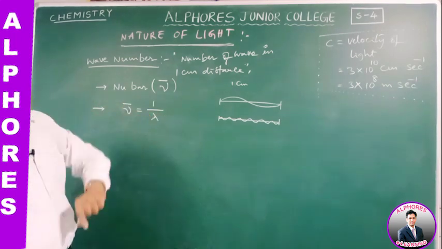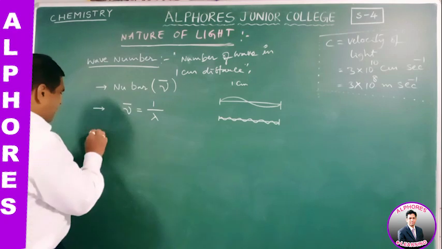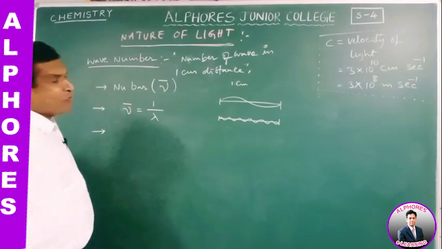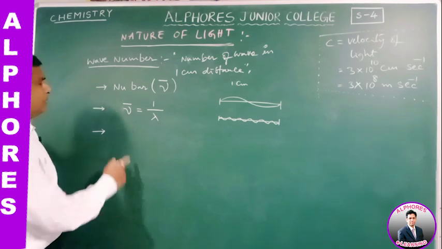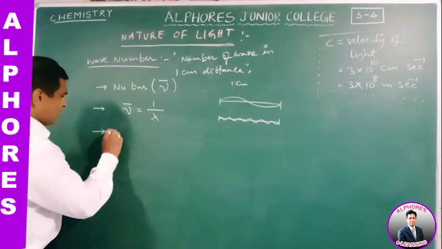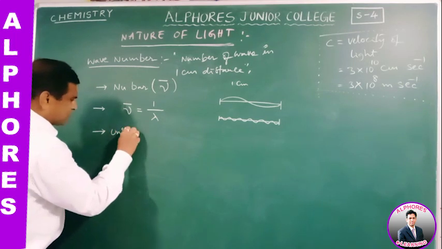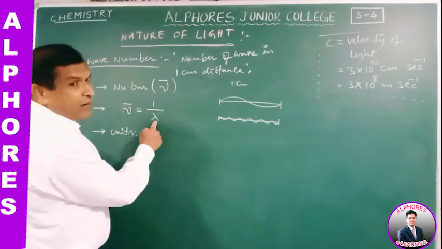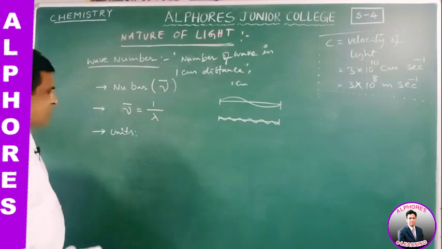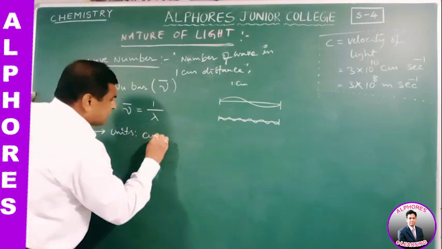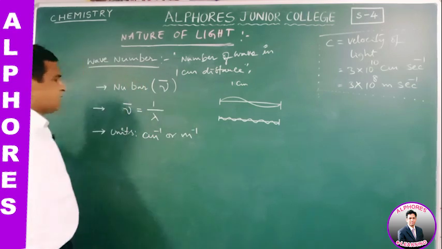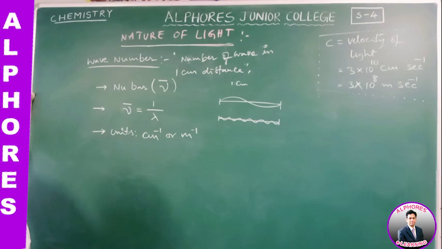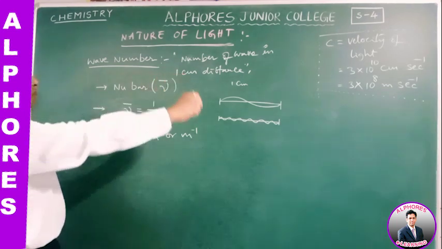Okay, so that is the concept of wave number, and wave number is expressed in the units of centimeter inverse or meter inverse, since wavelength is expressed in centimeters or meters. That is wave number. Okay.